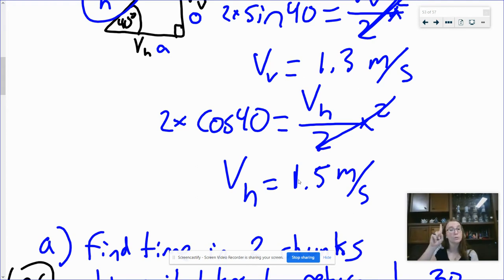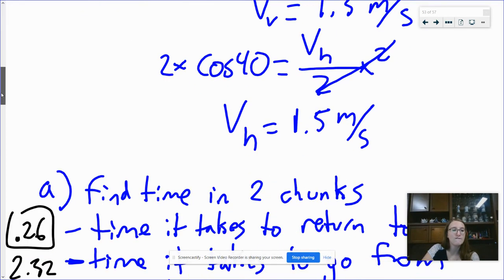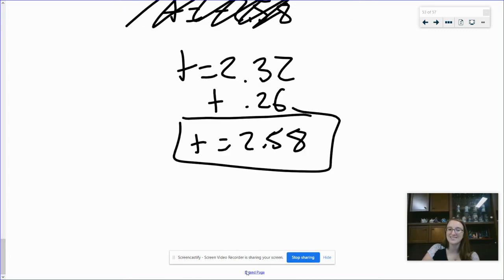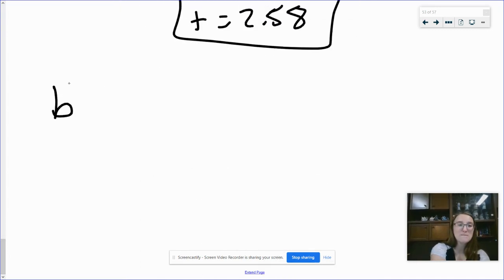The vertical velocity will change because that's affected by gravity, but the horizontal velocity is not going to change. So they are traveling horizontally at 1.5 meters per second for 2.58 seconds. So this is going to be much easier.